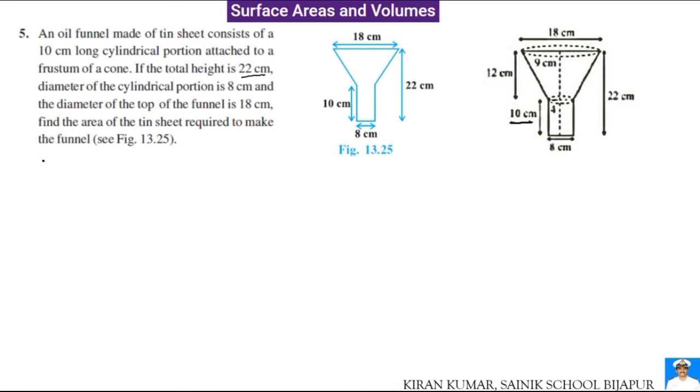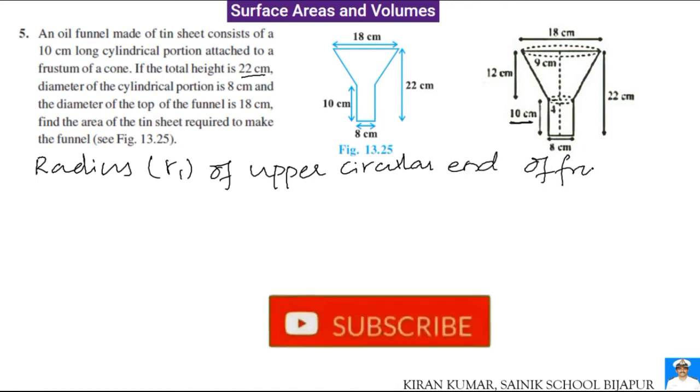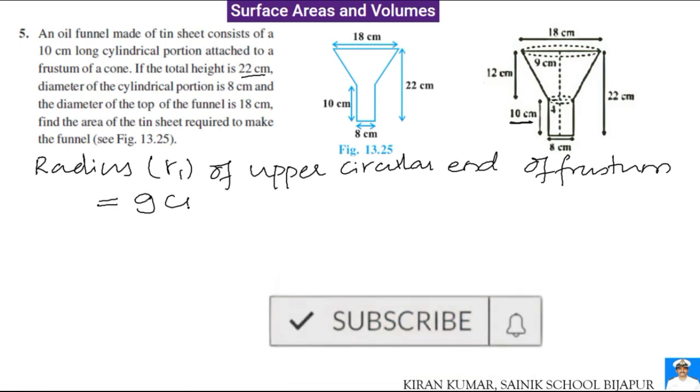Let me mention certain given things here. Radius R1 of upper circular end of frustum is 9 centimeter.